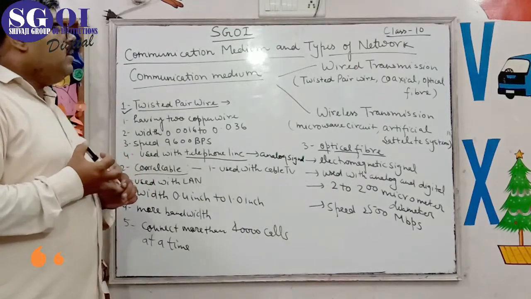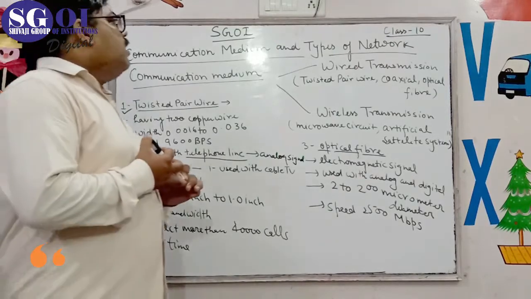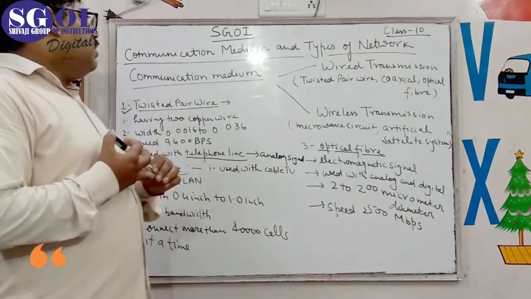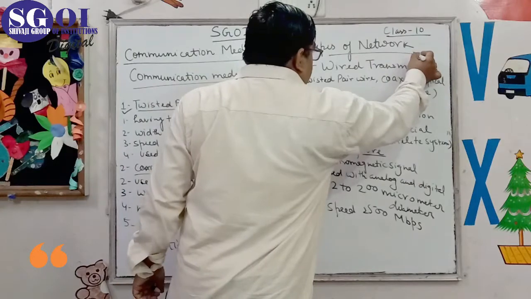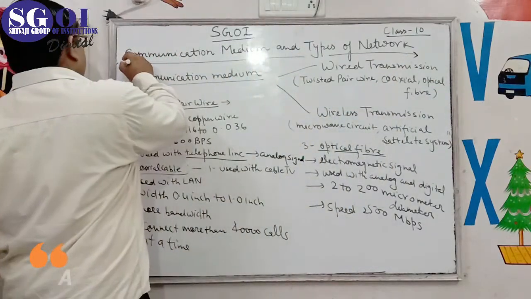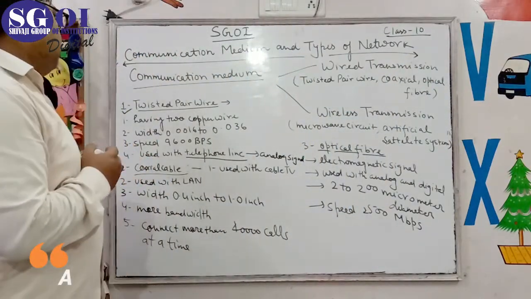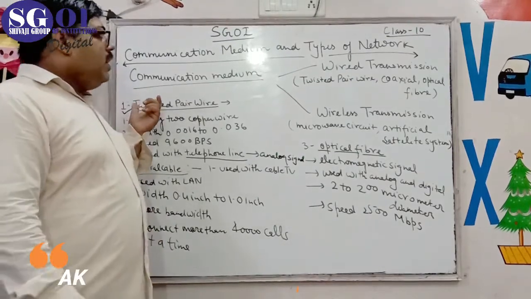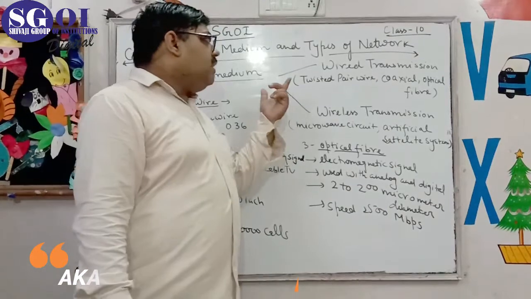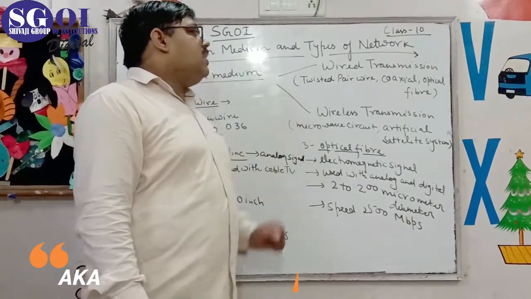Today we understand how the communication medium is useful, how it works like a connection between sender and receiver, meaning transmitter and receiver. Firstly, we understand the communication medium. It is of two types: wired transmission and wireless transmission.